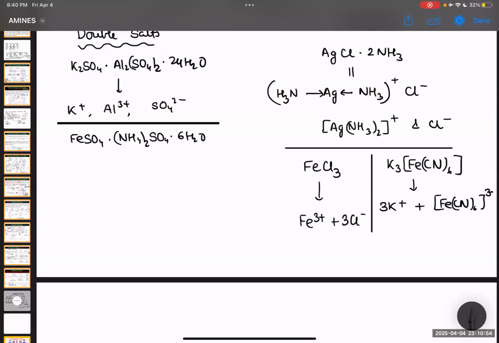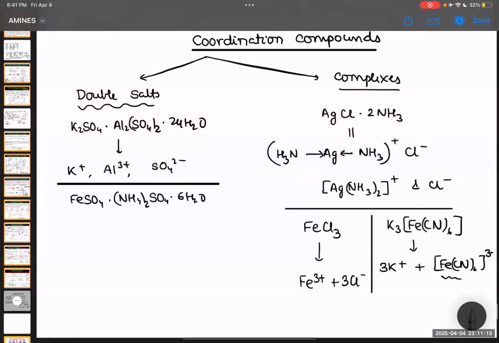The Fe3+ is not alone now. Now it is being surrounded by cyanide ions. Got the point? So it will not give the test of Fe3+. Got it? I hope this is clear to you.